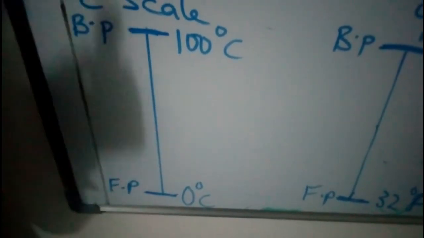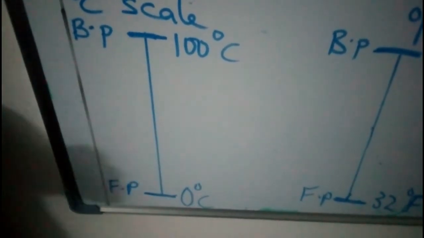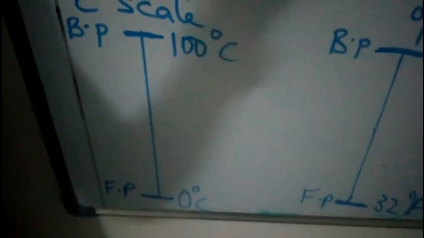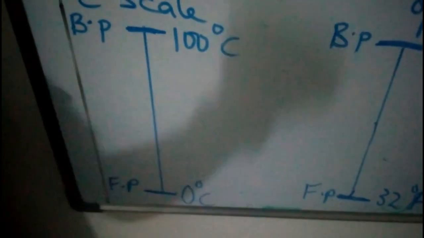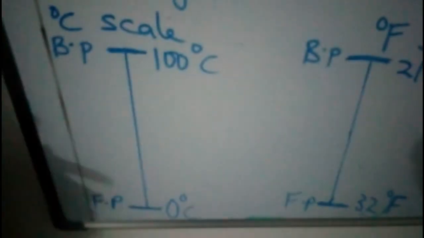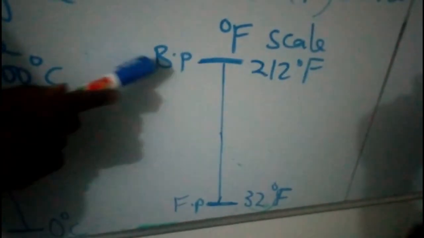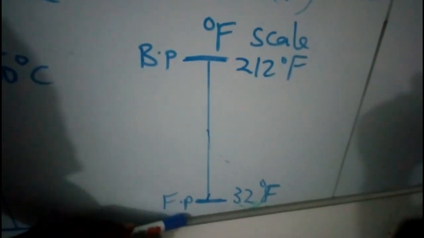Now let me explain the meaning of these two. The boiling point is the temperature water gets to and it starts boiling, while the freezing point is the temperature water gets to and it starts freezing. Degree Celsius has its boiling point and its freezing point, and degree Fahrenheit on the right hand side has a boiling point and a freezing point as well.